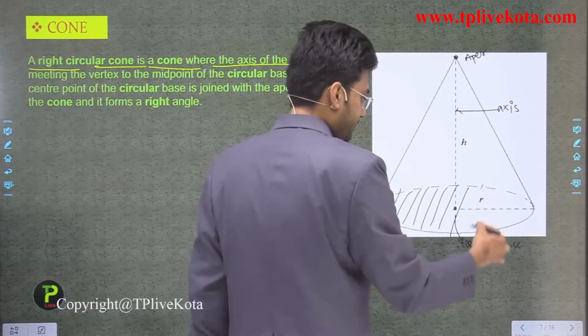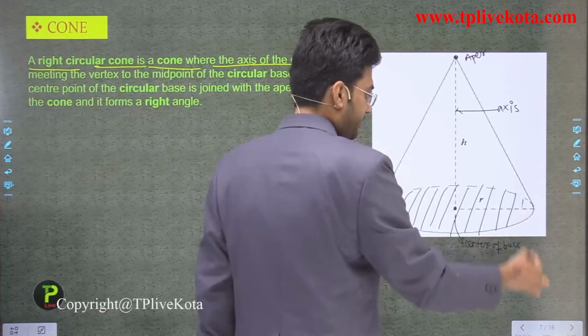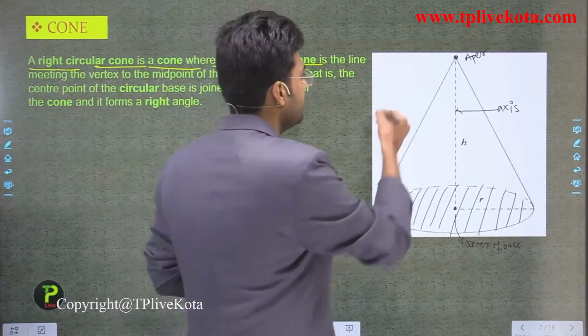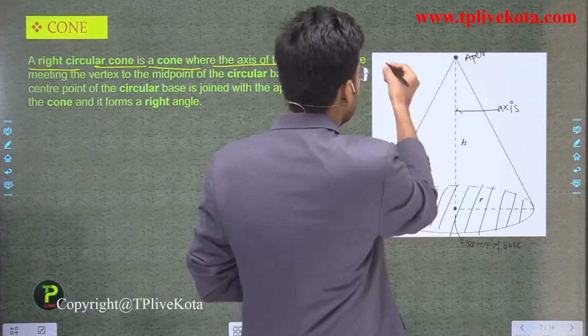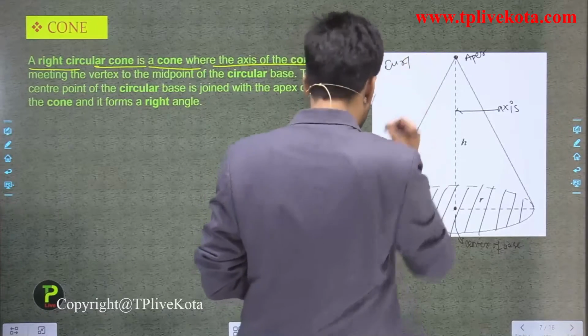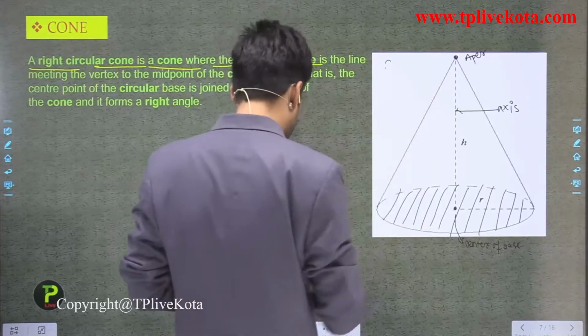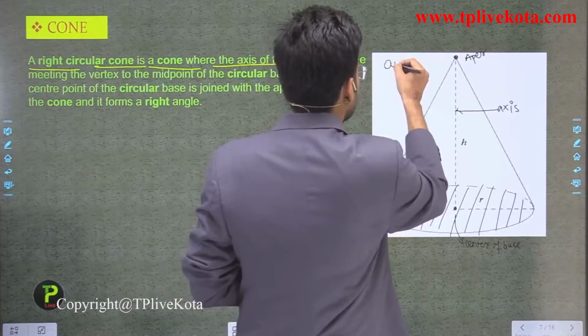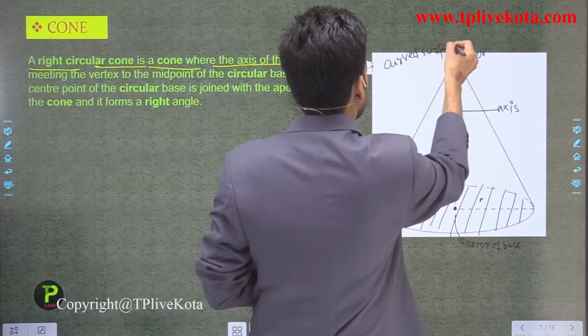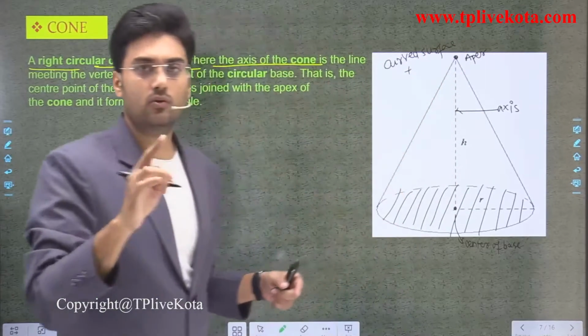Clear? So if we observe this, then we can say that in this right circular cone we have one curved surface, and one circular flat surface.